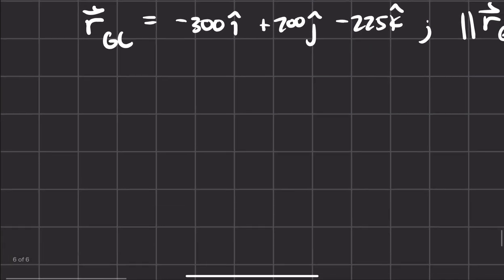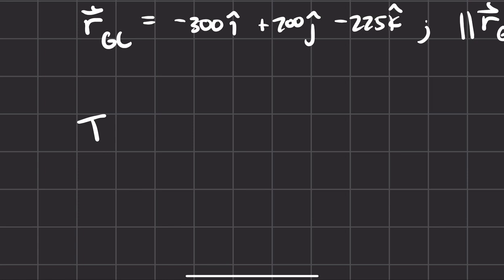So then we know that the tension GC is equal to T over 425, which is magnitude times its position vector.